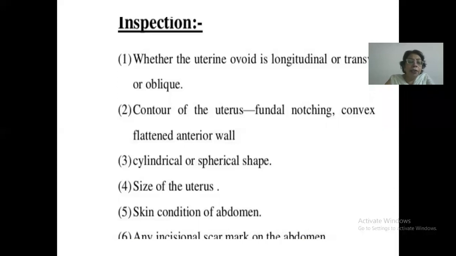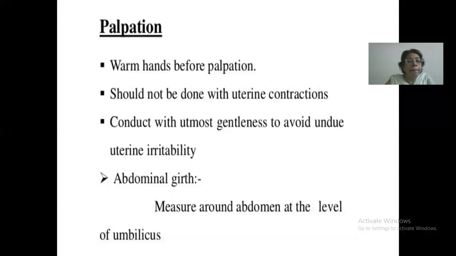So any incision on the abdomen, even if the patient has not given history of any surgery, you can get back to the patient and ask her regarding the scar mark. And the type of scar mark, you can usually make out whether it is because of a previous cesarean or any other abdominal surgery.